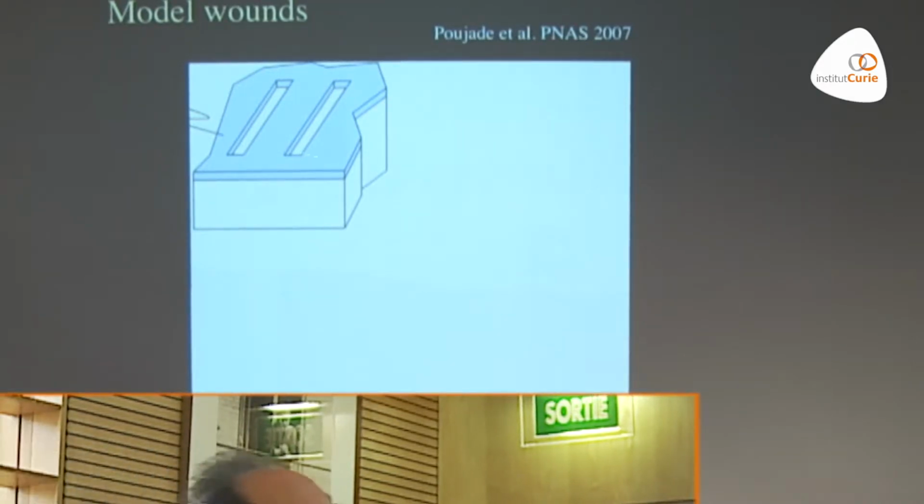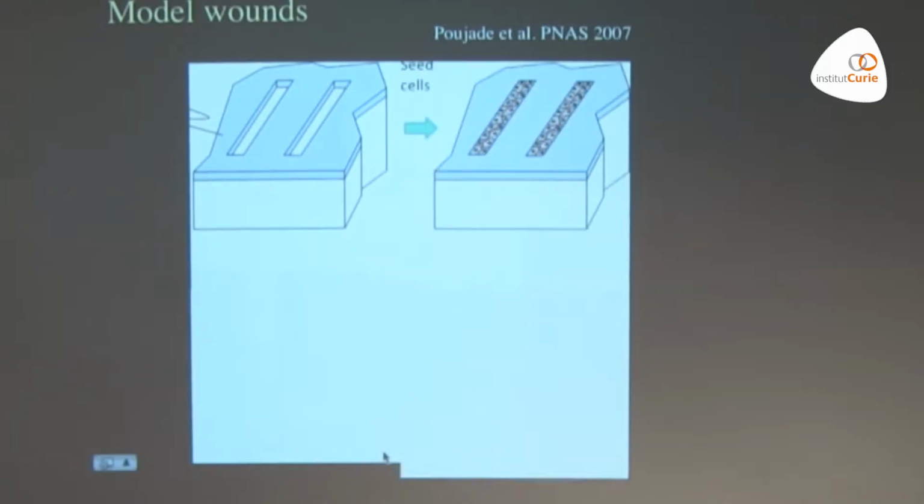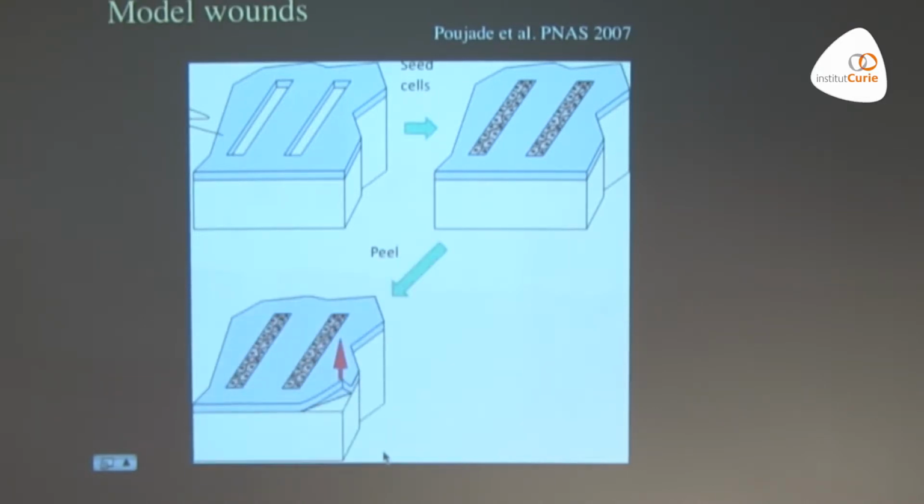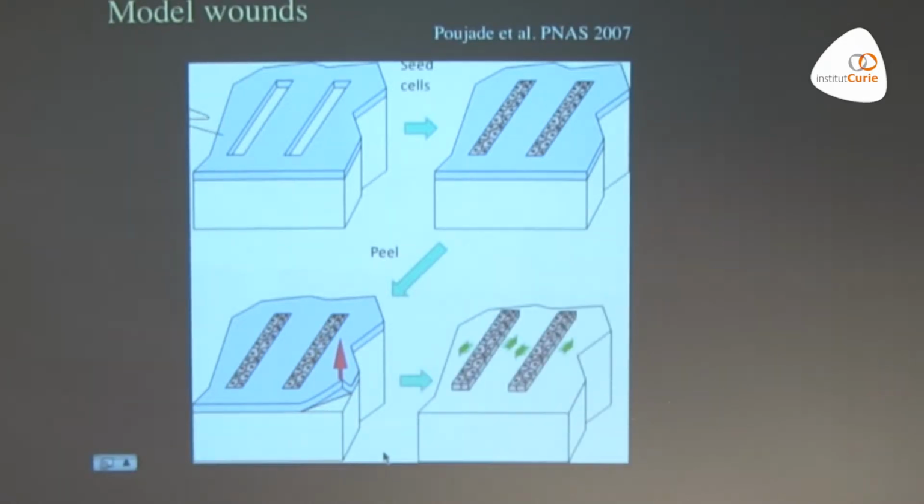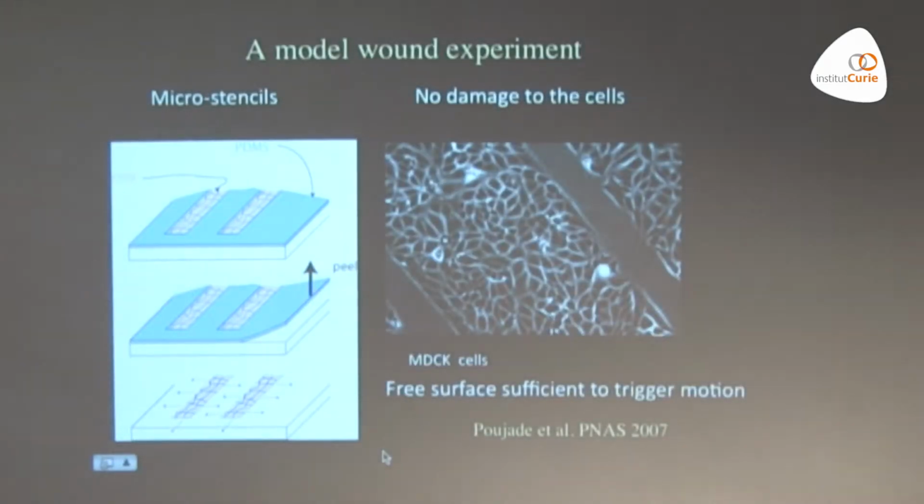So this is the microfabrication thing, and then you see the cells here, and then you remove this stencil so that you have sheets of cells in vitro, and then some space between them that is this kind of model wound. But the nice thing here, if you want reproducible experiments, is that this is very clean, and so the cells are in good shape, and then you can study the motion of these cells.